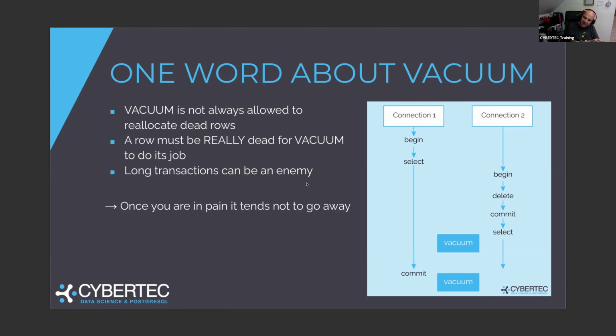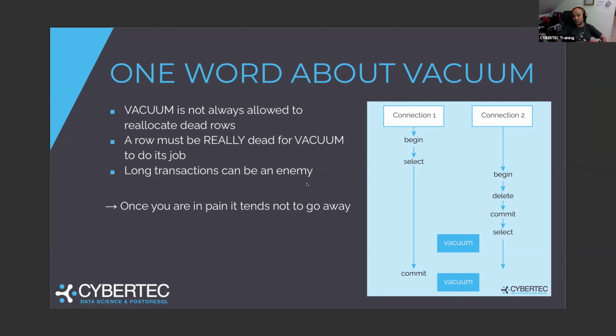So only if the left transaction commits, then can the vacuum actually go out and seek those dead rows and actually see that they are dead, okay? Because before they were technically still alive, okay? So this is super important that even if you run vacuum, it might not be able to reallocate the space because some concurrent transaction is going to see this data. So that's super important.